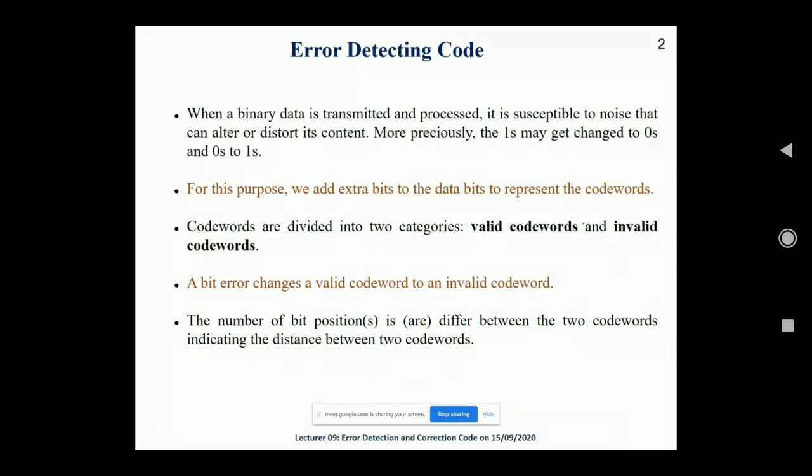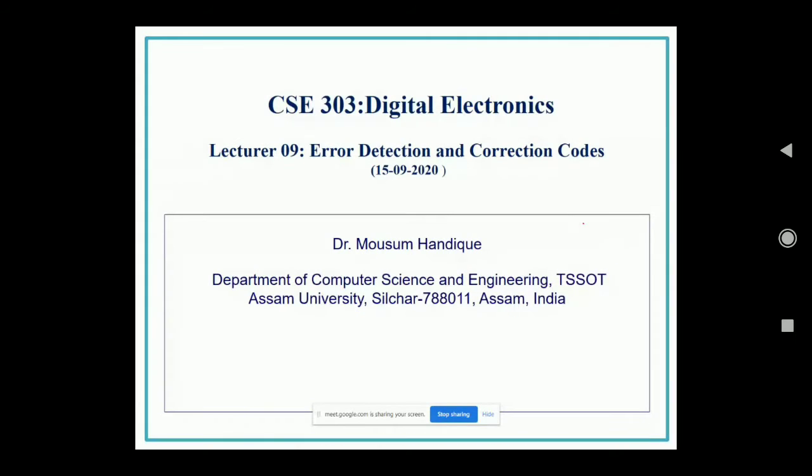At first, we cannot directly go into the correction code. Before correcting, we need to know where the fault is, that means where the error is. For that purpose, we have to know what error detection is. The first step is detecting the error.